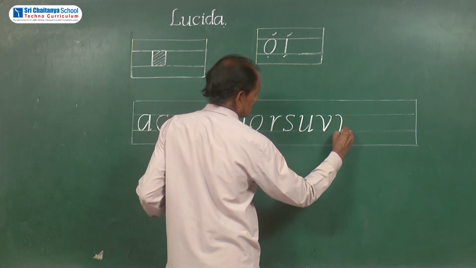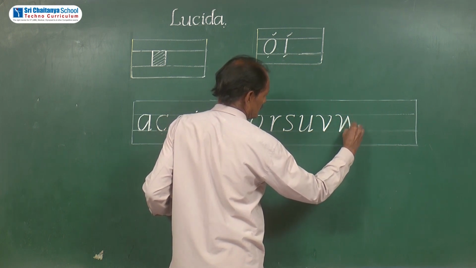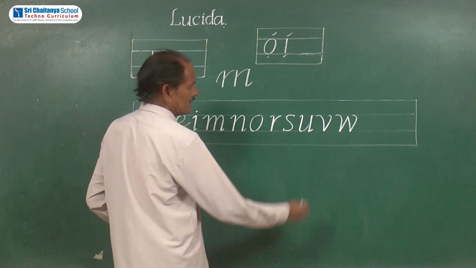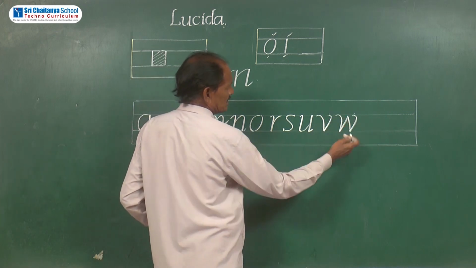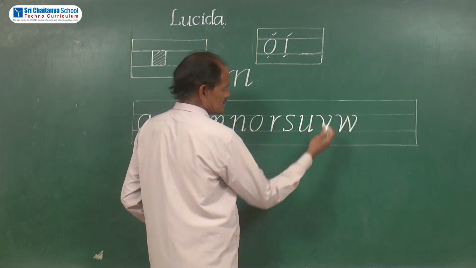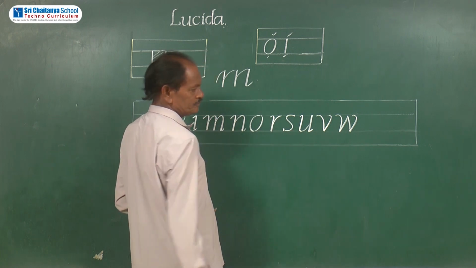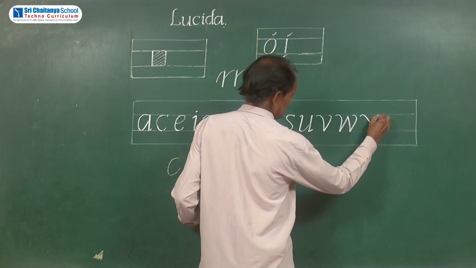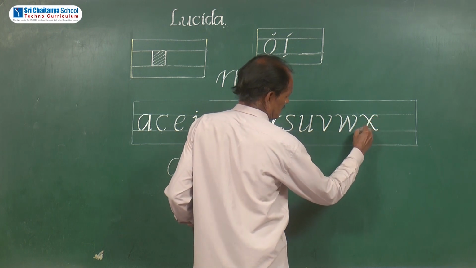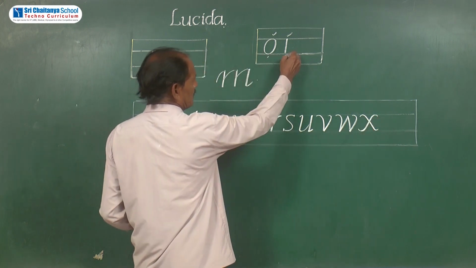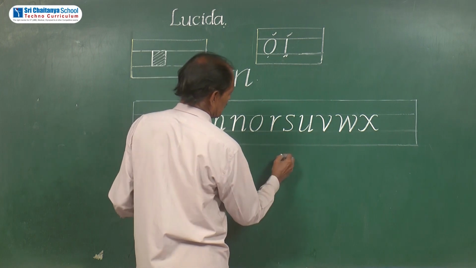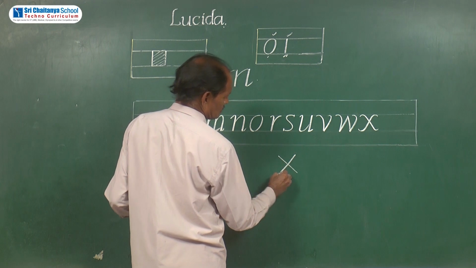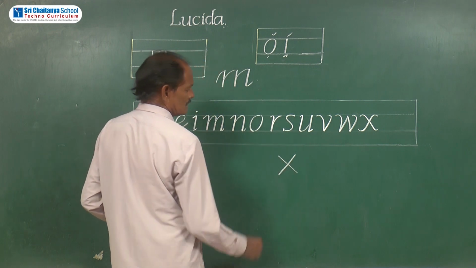The next letter is W. Here these two strokes are written just inside the letter. X. X is also written with the help of this middle zone stroke, which we have to write crosswise.